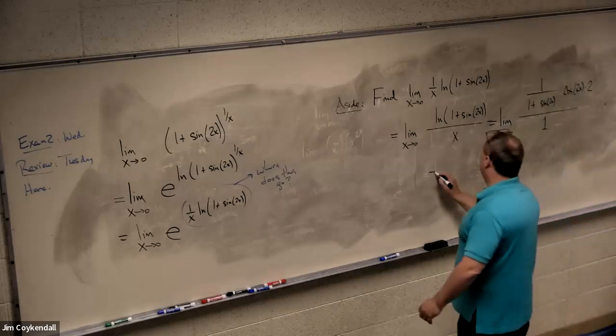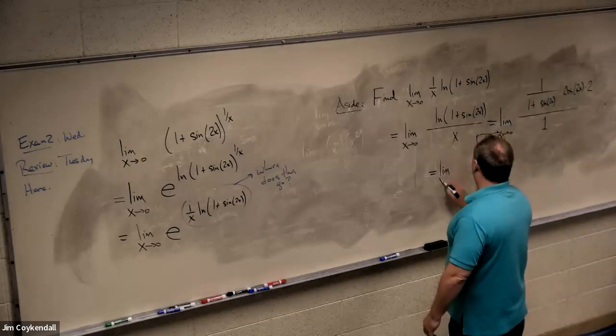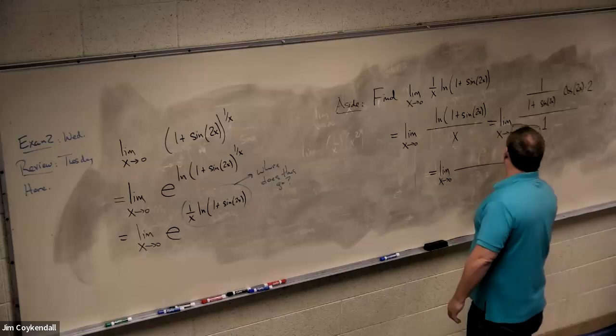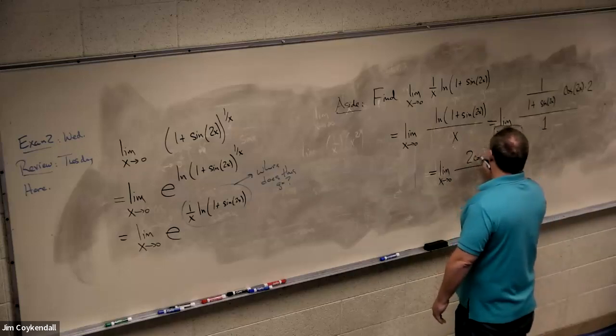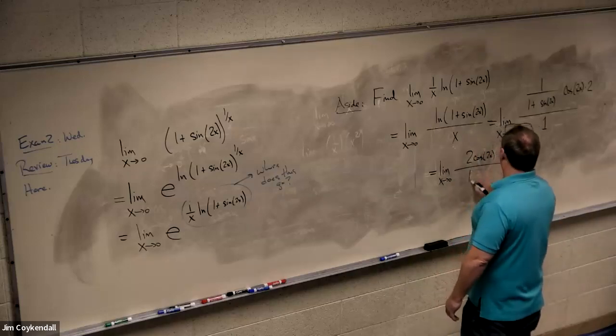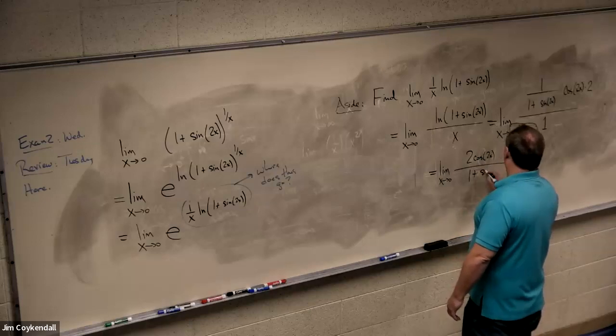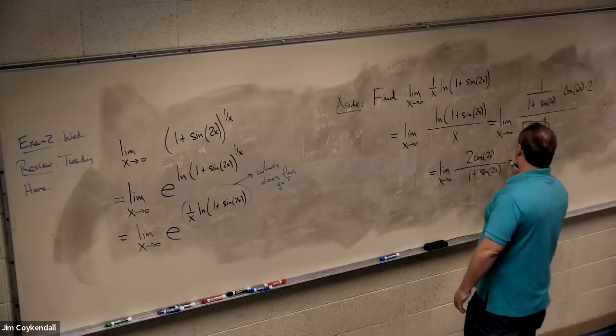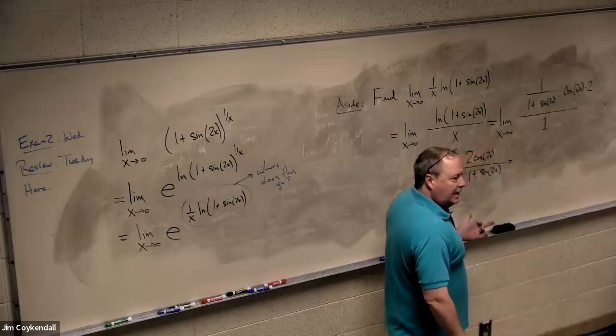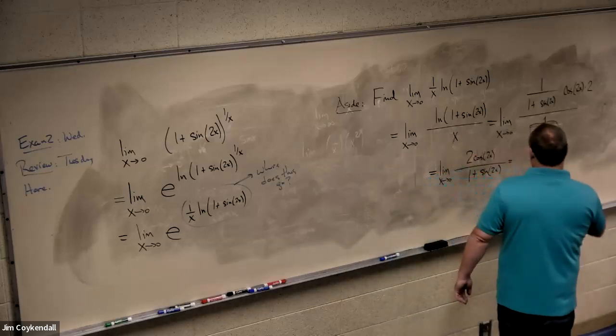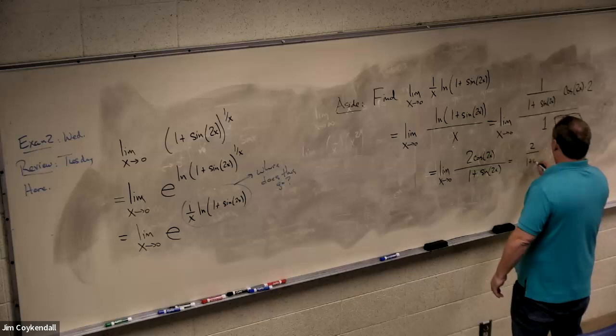So this is the limit as x goes to 0 of 2 cosine 2x over 1 plus sine 2x. And when I plug in x equals 0, I get 2 times 1 over 1 plus 0 on the bottom.